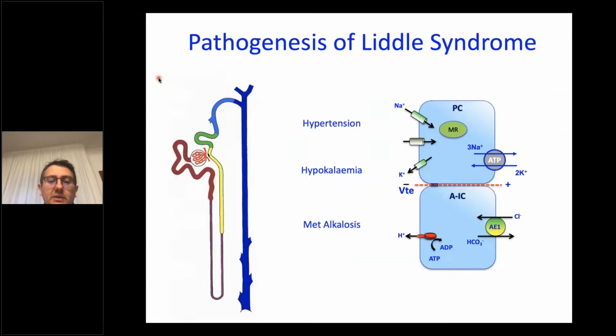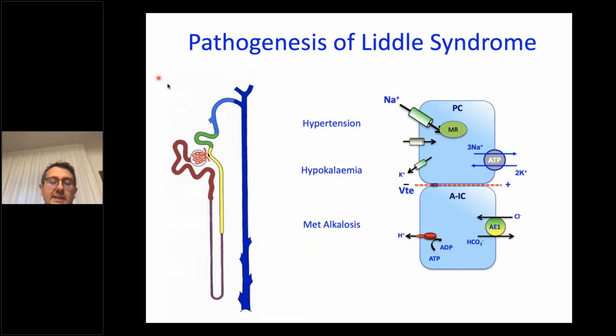Mineralocorticoid receptor antagonists are not effective in this condition because the increased activity of ENaC is independent of mineralocorticoid receptor stimulation, so it's downstream of the place and the target of this drug.